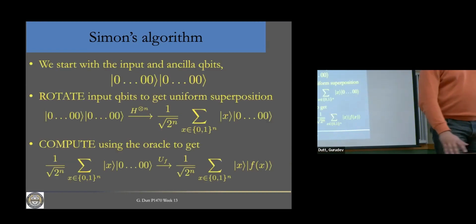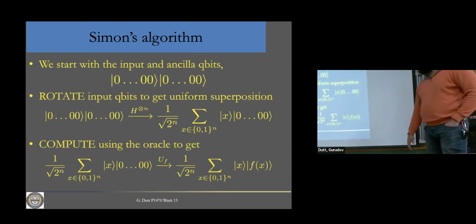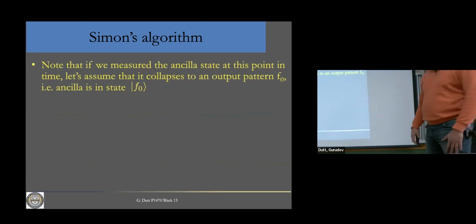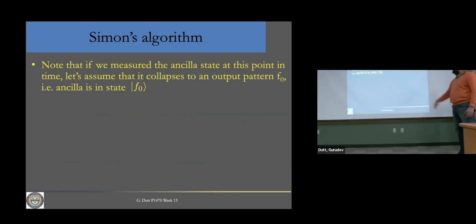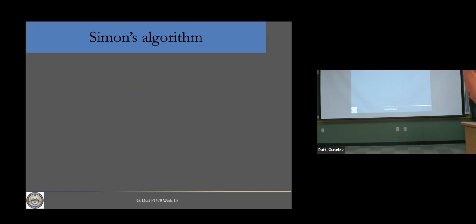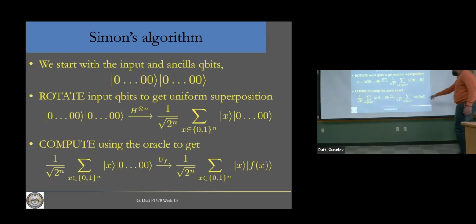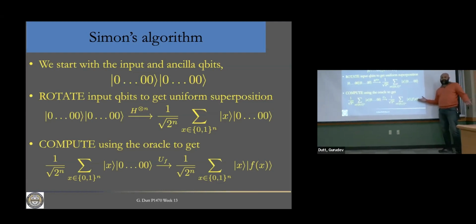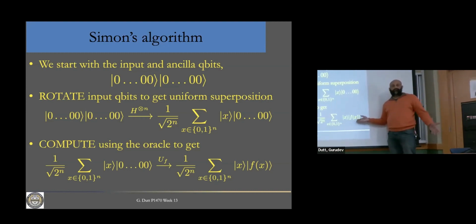Now at this point, if I measure this ancilla state, let's assume it collapses to some value. Whatever that is, we don't know, but it'll collapse to some value. When you measure some qubits, you get some answer at the end.